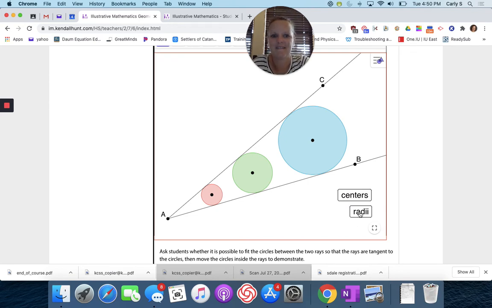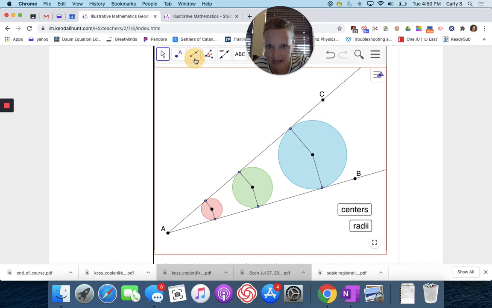Watch this. Where the radius touches the circle, it's the same spot where the circle touches the angle. Now, I can actually, that ray goes through the center of every circle.